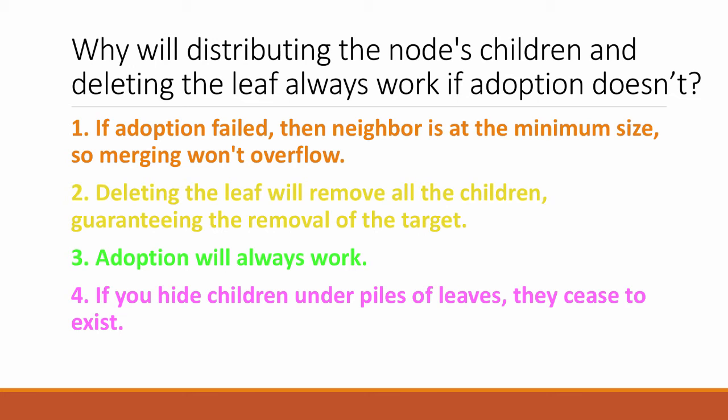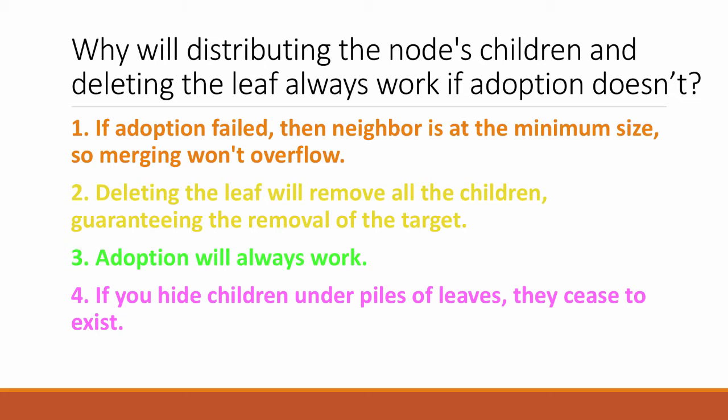The third answer is also wrong. Adoption won't always work. Sometimes your neighbors won't have enough children to offer you without underflowing themselves. So adoption is not guaranteed to work. Deleting the leaf will remove all of the children, guaranteeing the removal of the target. No, that's not the case, because once again, if you remove all of the children, then you're deleting more keys than just the one you want.